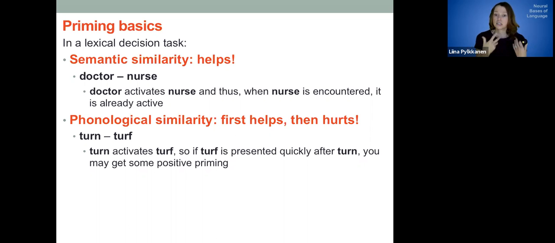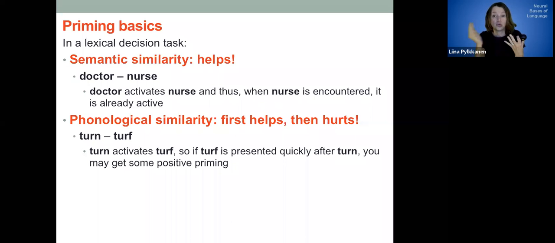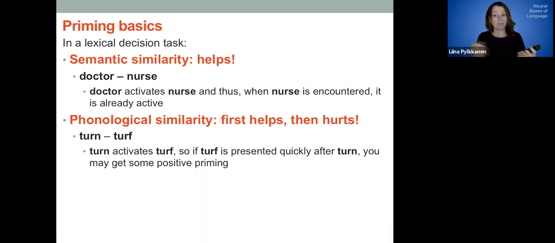And so if very quickly after the onset of turn, you get the target turf, then you might actually be faster because the previous word served to activate that other representation, the same way that happened in the case of semantic similarity.